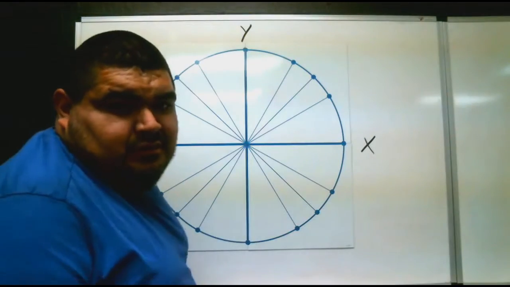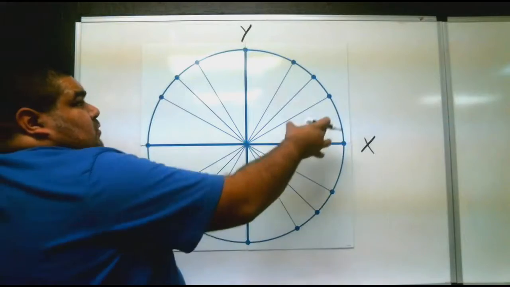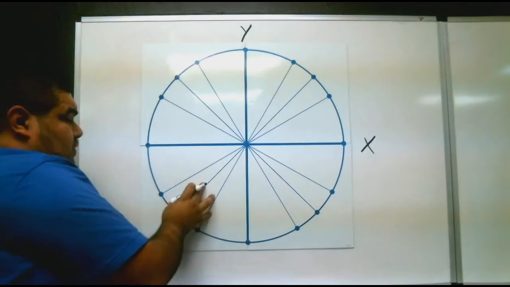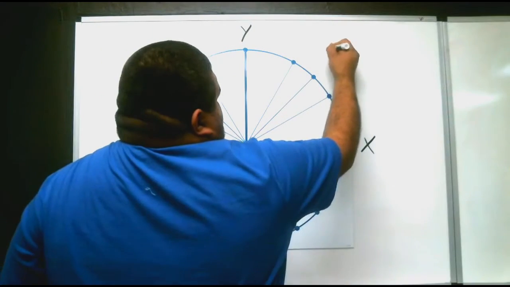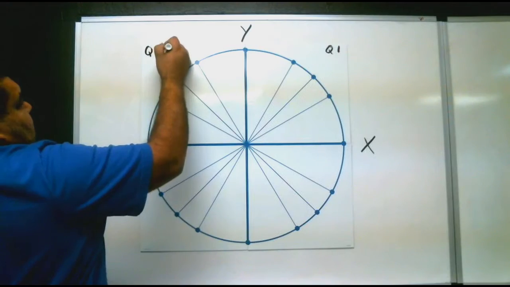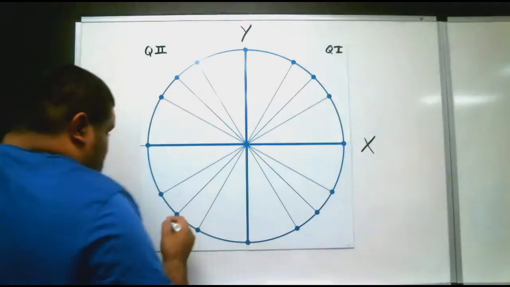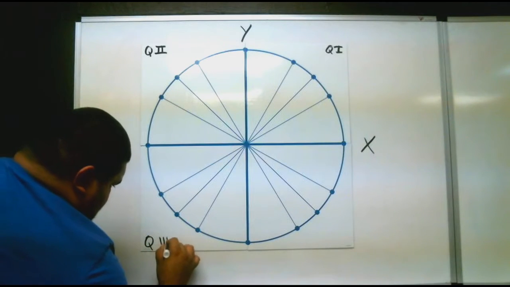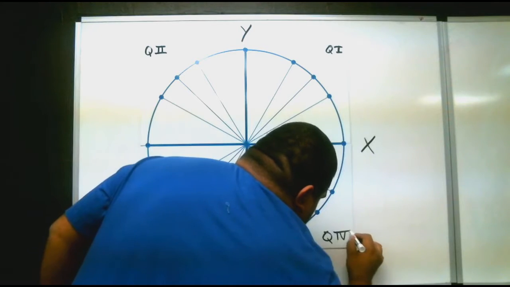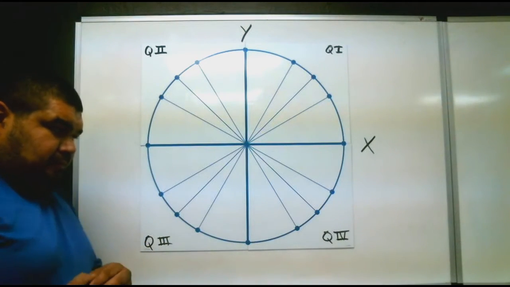Each one of the sectors, or quadrants, you have quadrant 1, quadrant 2, quadrant 3, and quadrant 4. So we have all four of our quadrants.